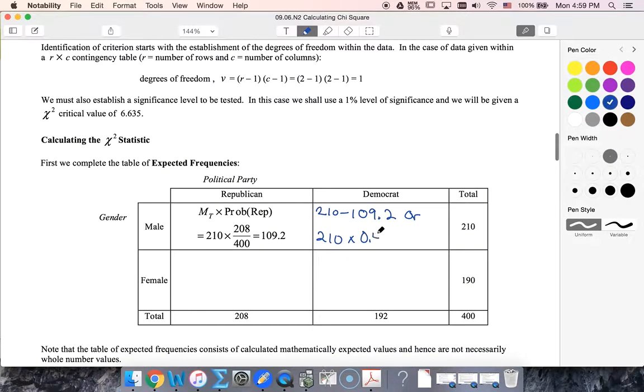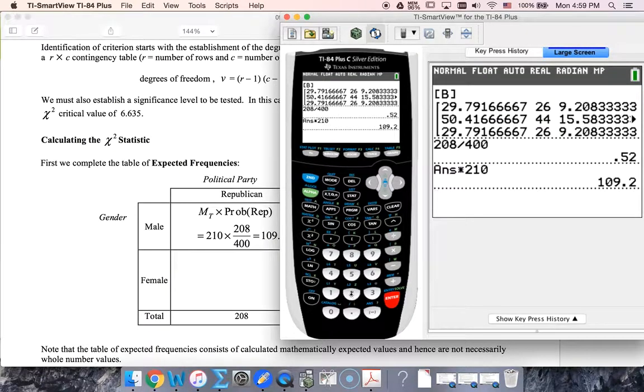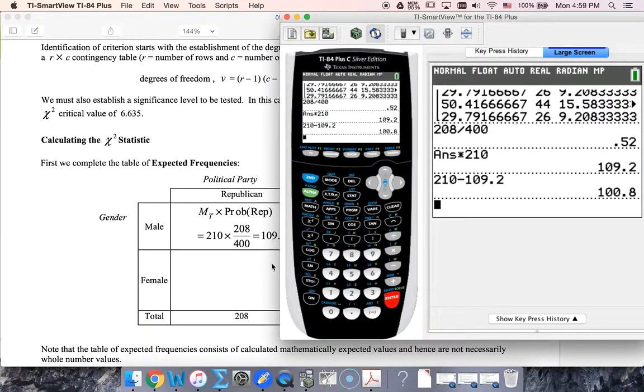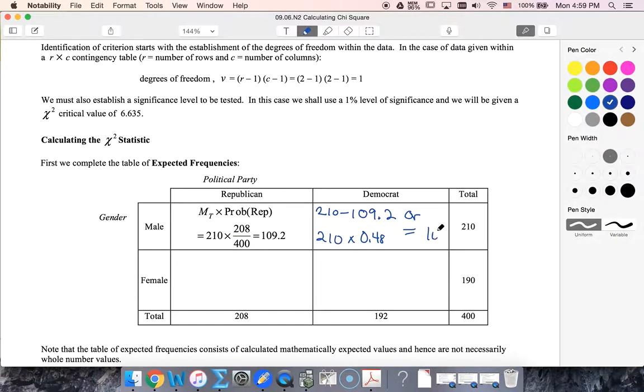So times 0.48. Either way, when I calculate that, I do my 210 minus that answer, and we get 100.8.